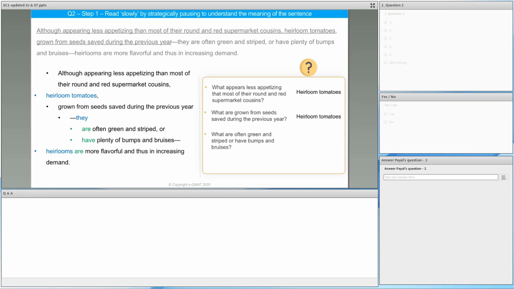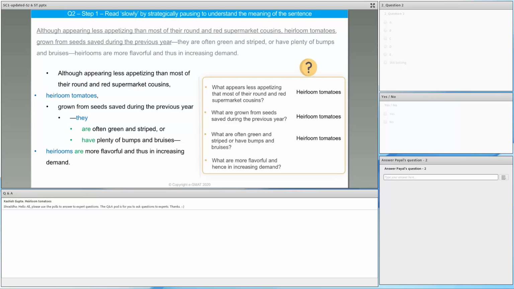Perfect. Now, what are often green and striped or have bumps and bruises? Heirloom tomatoes again. Yes. Okay, I know a few redundancies here, but good. Heirloom tomatoes. And then the final question.